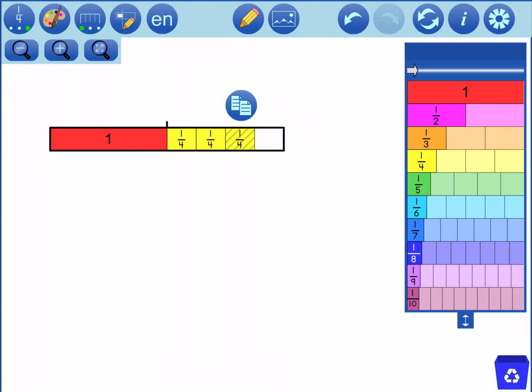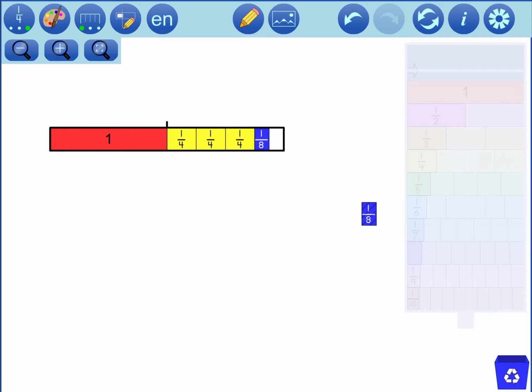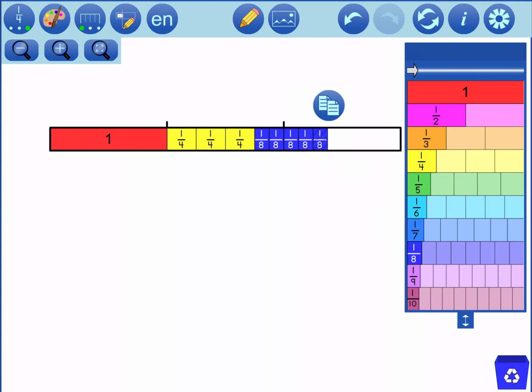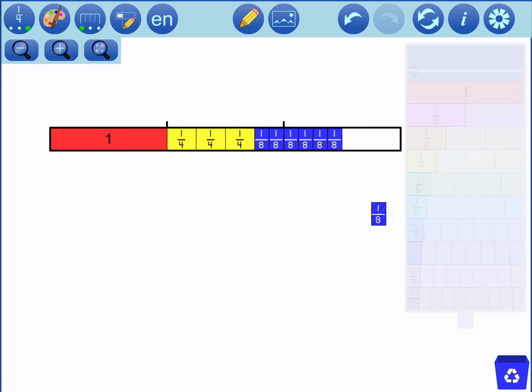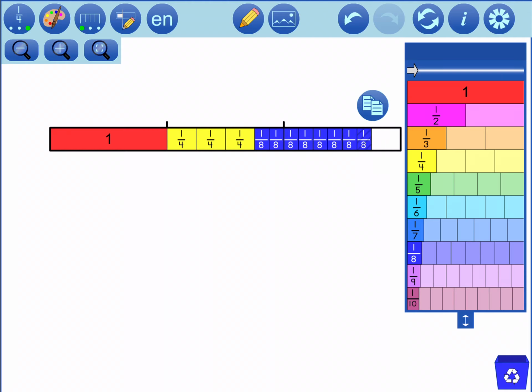There we go. So in this case we'd get 2, 3, 4, 5, 6, 7, 8.